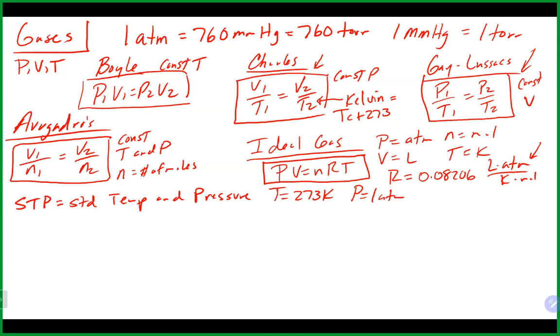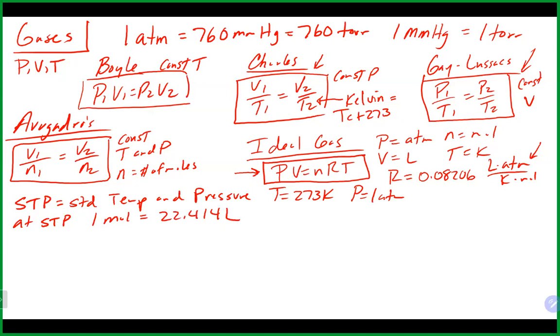So if somebody says this is occurring at STP, those are the two values that you would use in that case. And there is a nice relationship that will sometimes allow you not to have to use the ideal gas law. When you are at STP conditions, 1 mole of any gas will equal 22.414 liters.